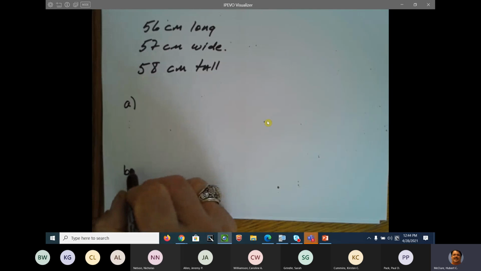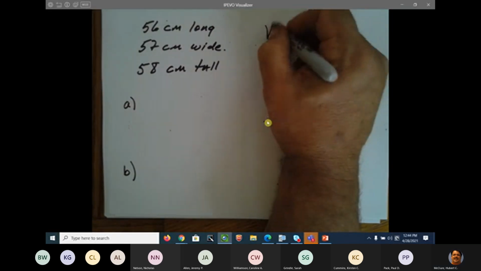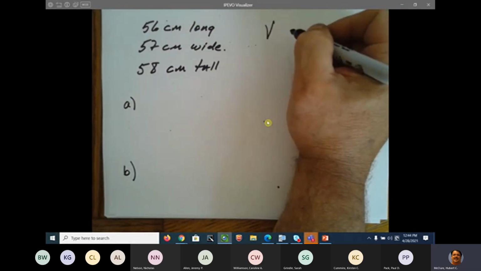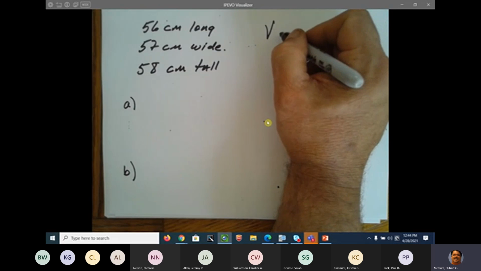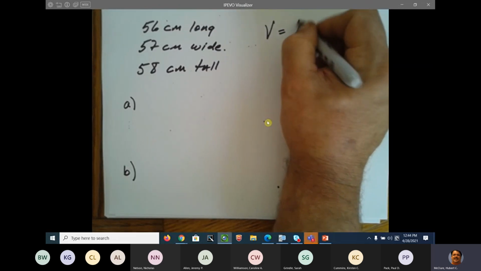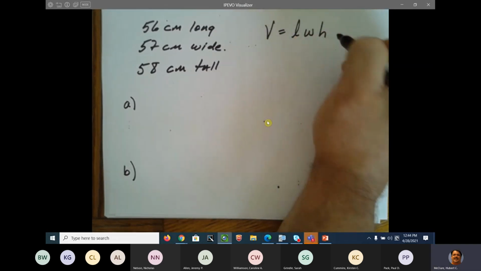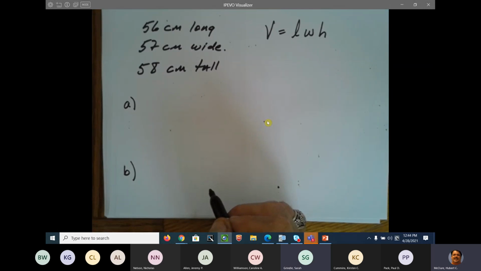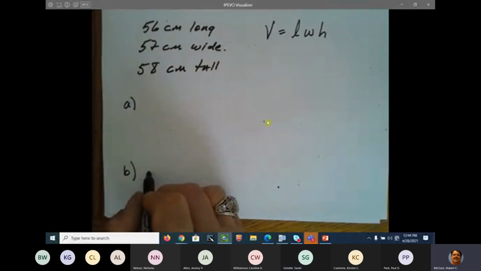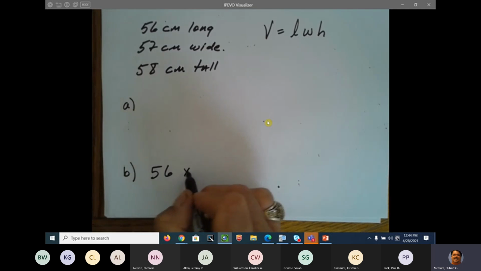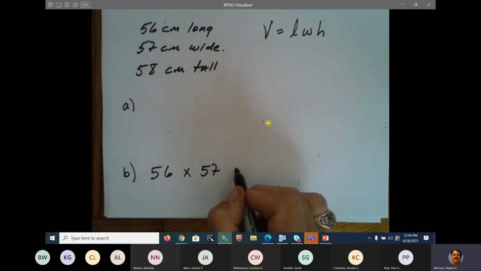So what is the volume of a cube? Volume of any type of cube or rectangular shape is equal to length times width times what? Height. Right. So they want us to, down here, give the original. Somebody take your calculator and multiply those 3 numbers.